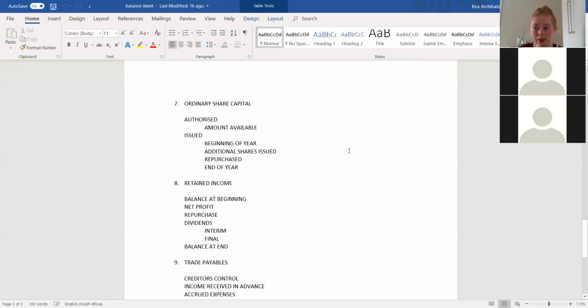I'm going to add those together. Then I'm going to divide it by the number of shares in total. So the beginning amount plus the additional will give me my average price of what I'm currently sitting at per share. That amount will be recorded here at that cost. Then you would have a total amount here.